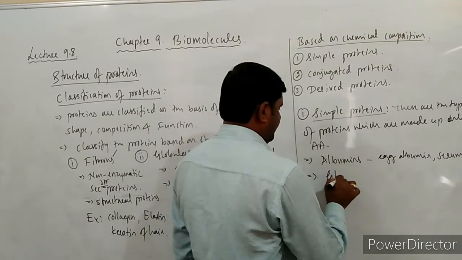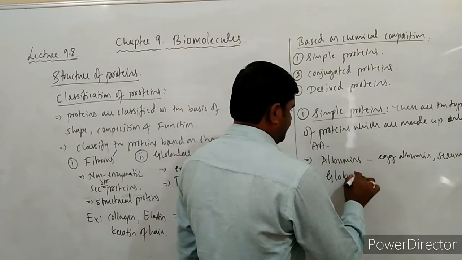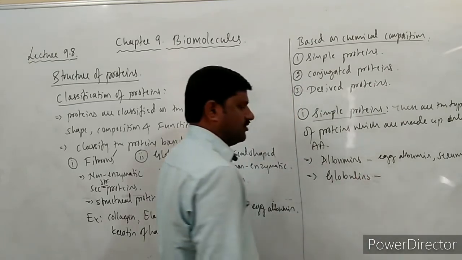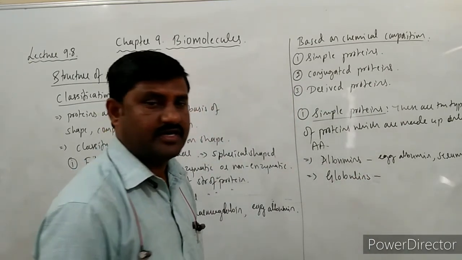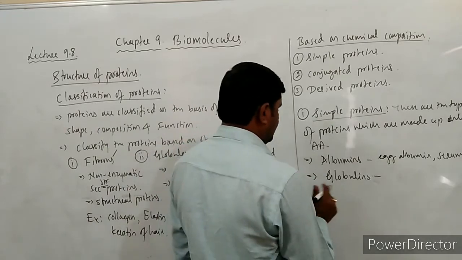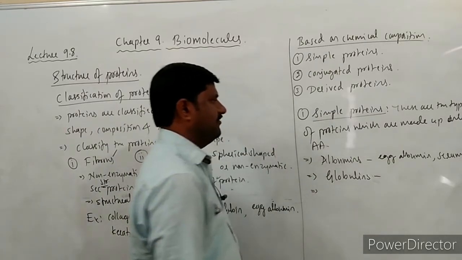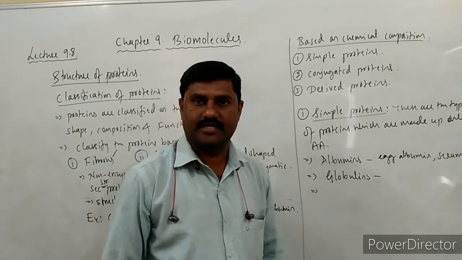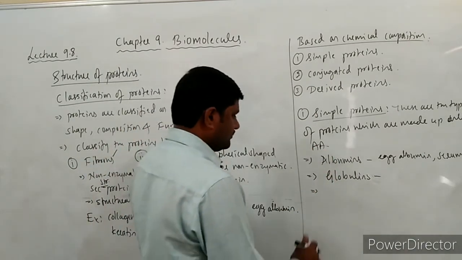Albumins. After that one, globulins. Already I have mentioned these globulins, globular proteins. These are spherical shaped proteins. So these are also best examples for simple proteins which are simply made up of amino acids over here, right?